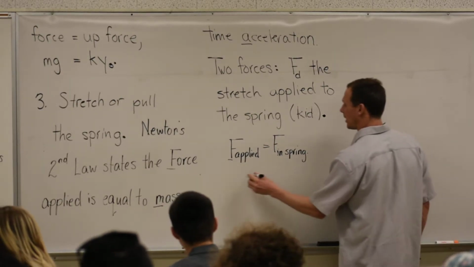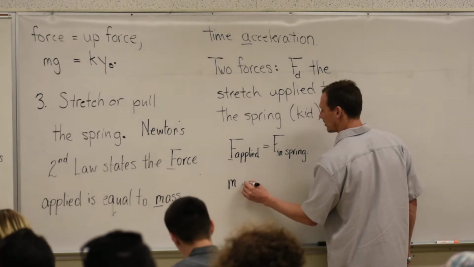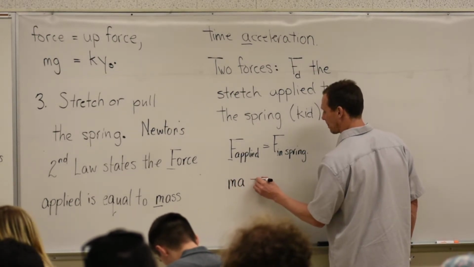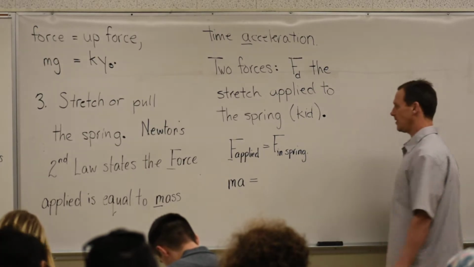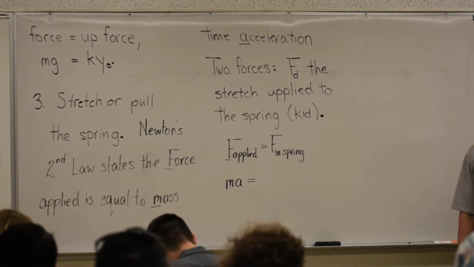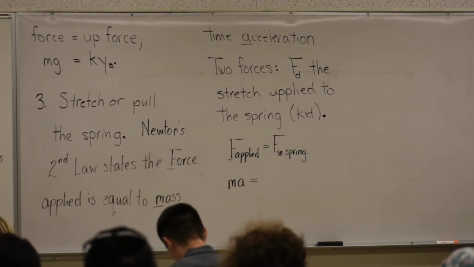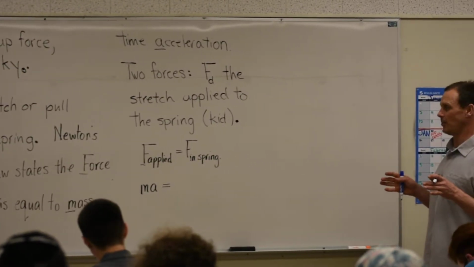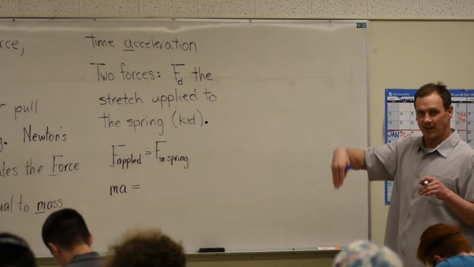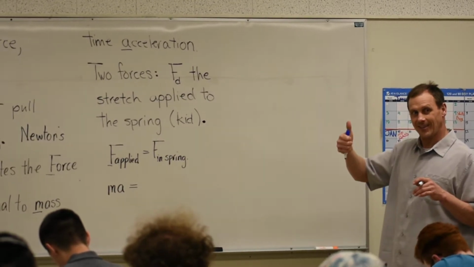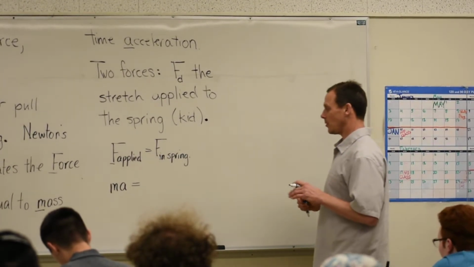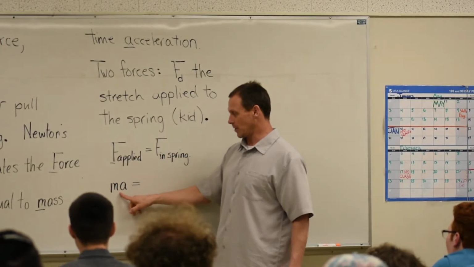So the force applied, we said it's just the mass of the spring times some acceleration, is equal to, well, what's the total force of the spring? Well, this is where it gets kind of interesting, because some of your force is down and some of the force is up. So we need to keep our directions constant.